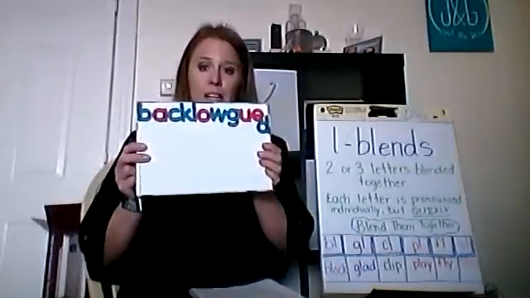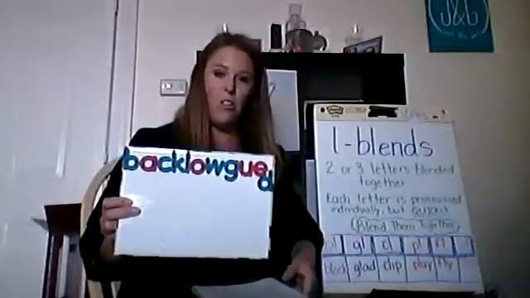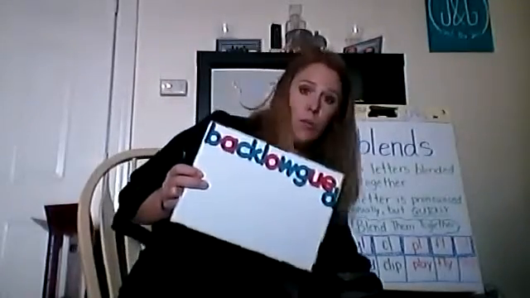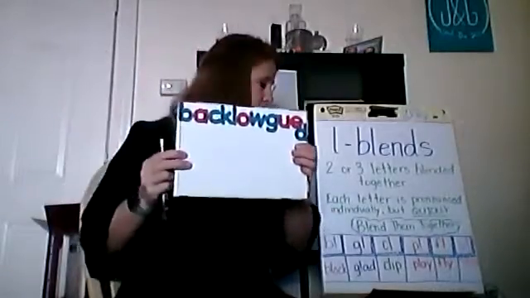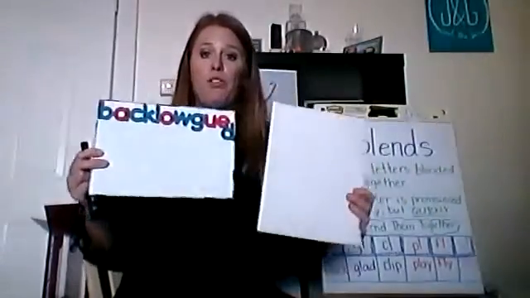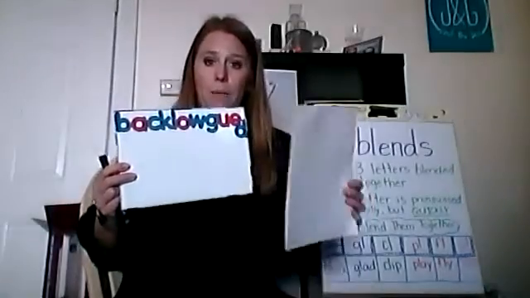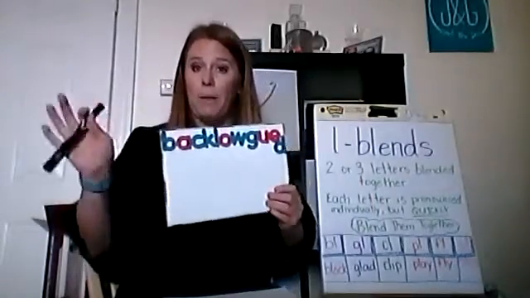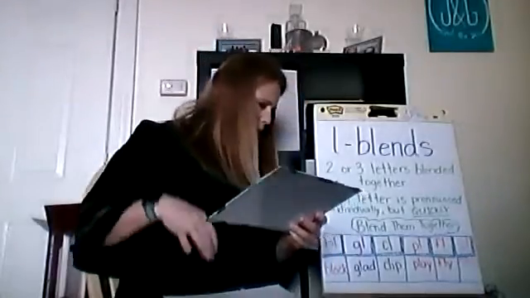So I have my letters here. Quite a lot of letters today, which is great. We're going to make, but we're still only going to make 10 words like we normally do. So I have my board, I have my marker and my paper. So if you don't have that, go ahead and pause the video and go get yourself a piece of paper and something to write with, okay? So I'm going to get my things ready, and here we go.